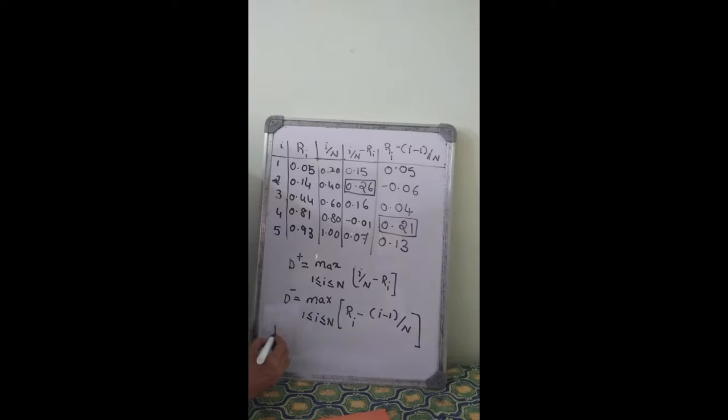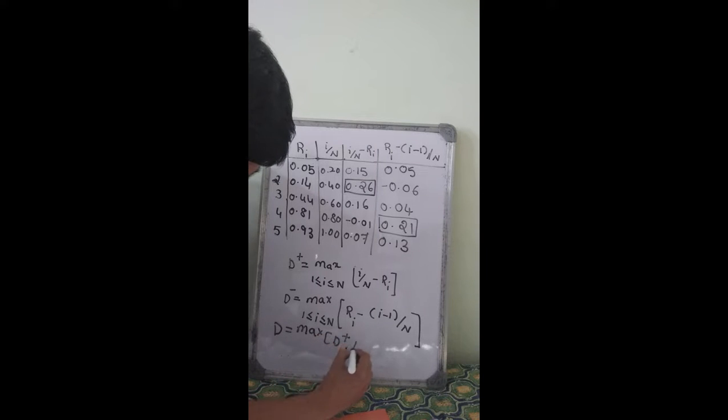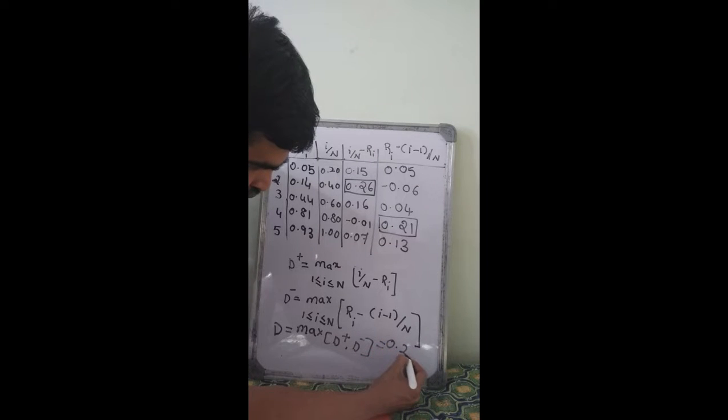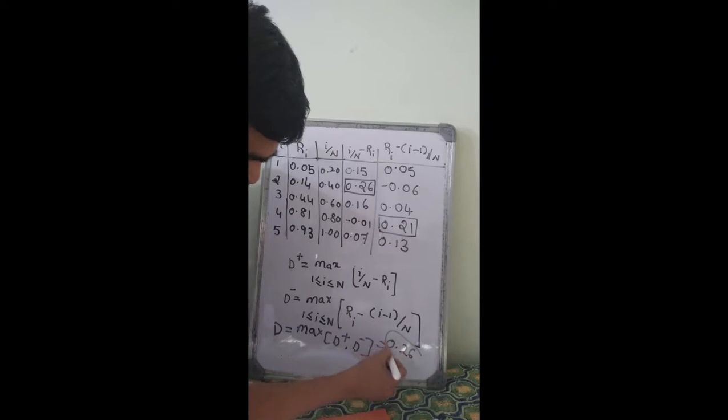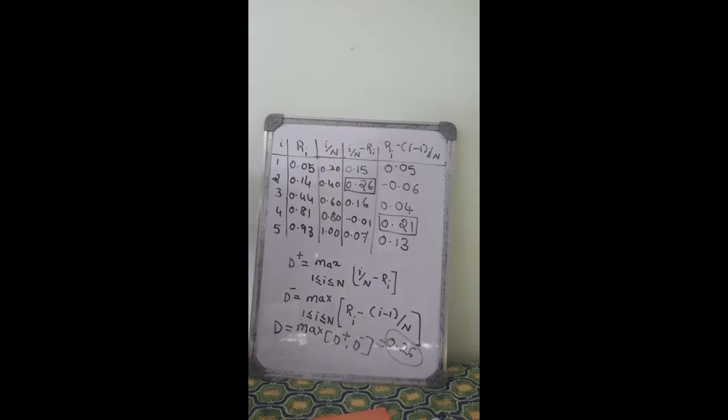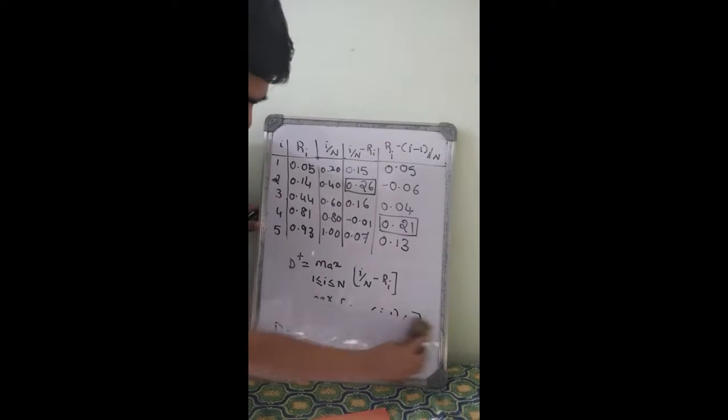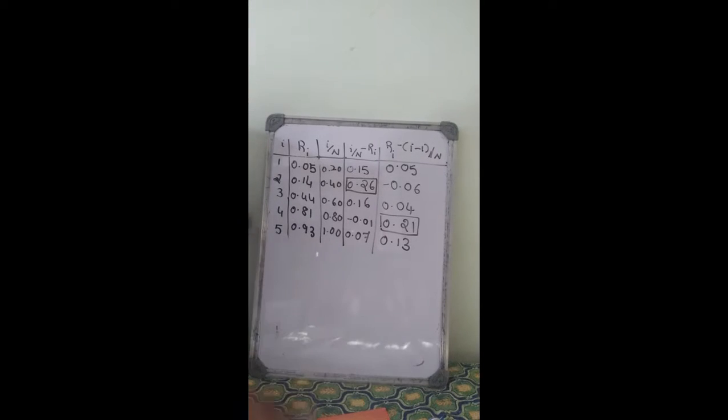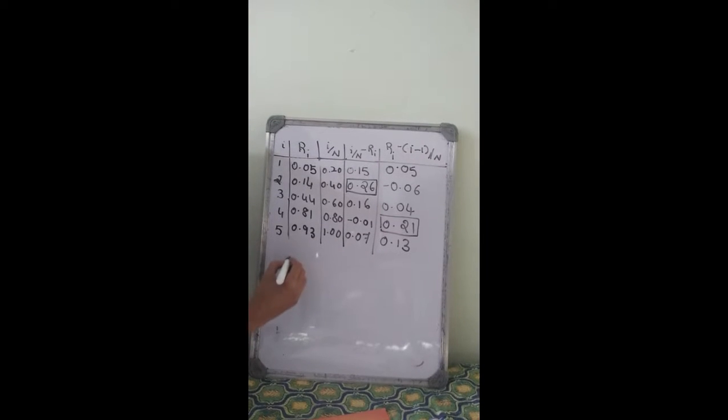So after this, I need to find out the maximum value of D plus and D minus. So 0.26 is the maximum value from this. So this is my third step, finding out D plus, D minus and D value. Now after this, what we need to do is find out the D alpha value from the simulation table.